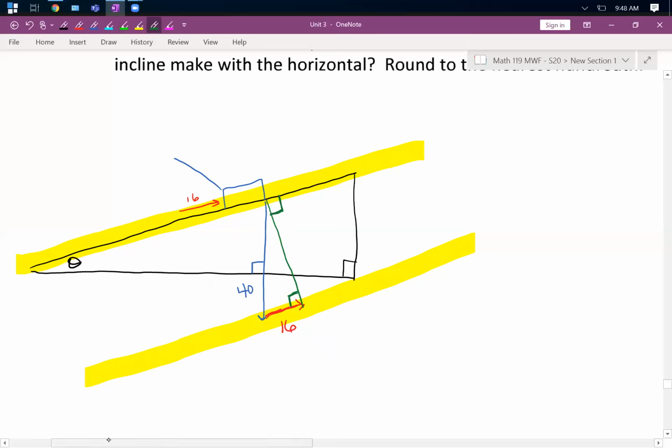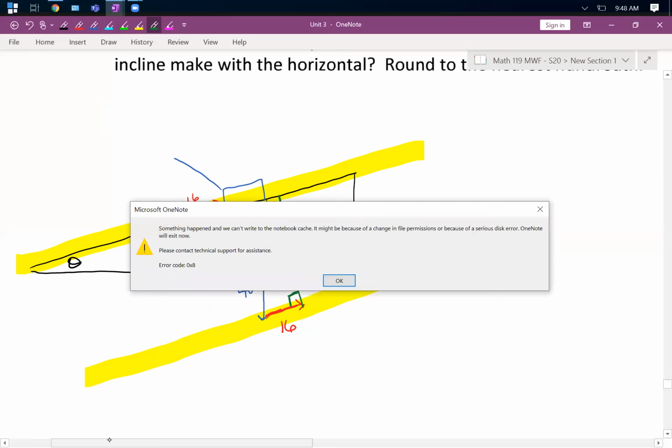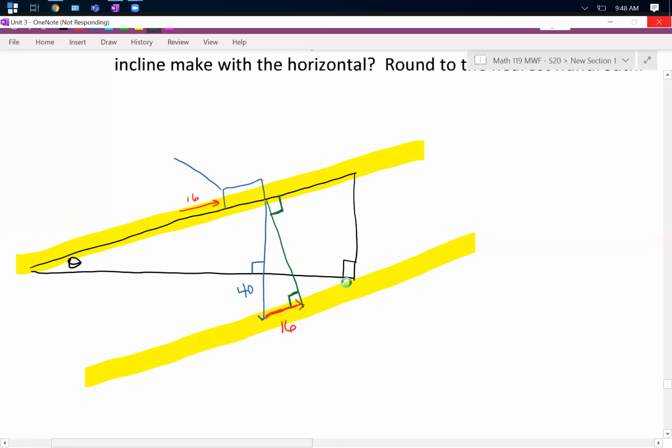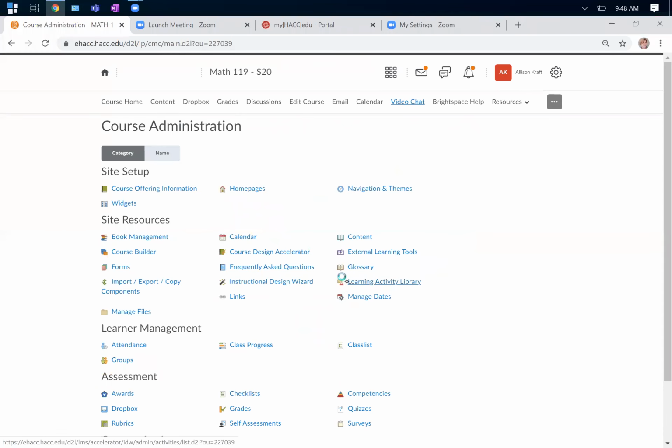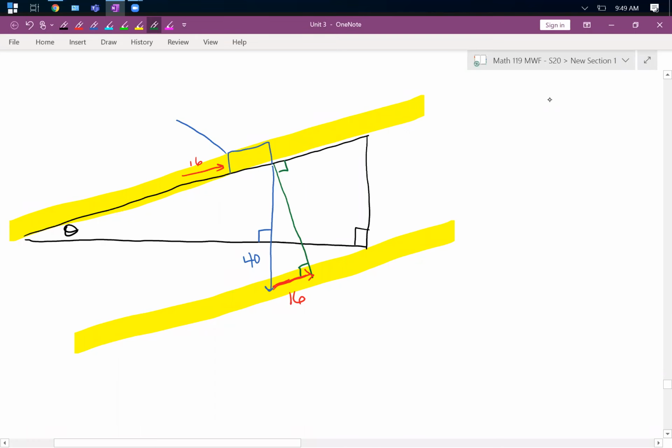Switching to look at our blue vector. Okay, so now looking at this blue vector here, again, we have alternate interior angles that are congruent. So these two angles here and here have to be the same.